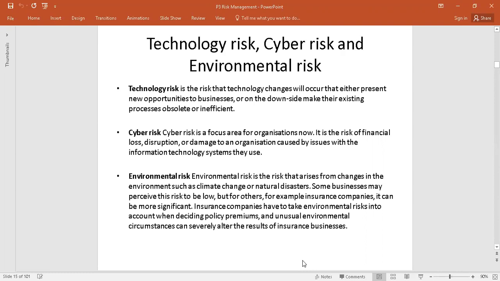Then we see the next one is environmental risk. Environmental risk is the risk that arises from changes in the environment, such as climate change or natural disasters.